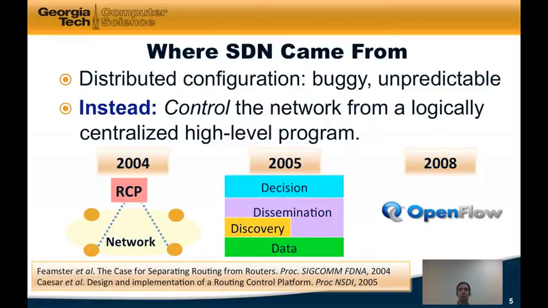So where did SDN come from? Fundamentally, it was motivated by the observation that distributed network configuration, that is a network where all the network devices are configured independently in a low-level device-specific manner, can be very buggy and unpredictable. We did a lot of work about 10 years ago trying to build tools to cope with that unpredictability and bugginess.